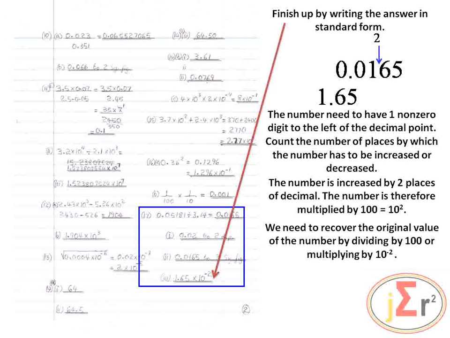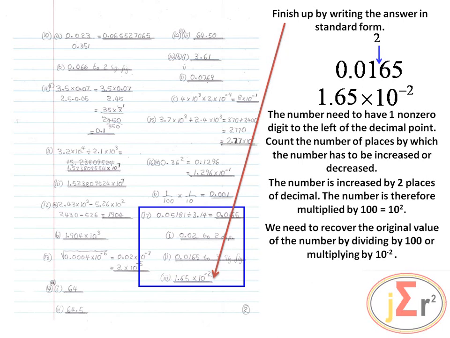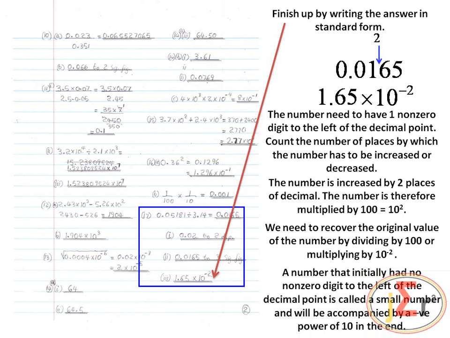So we divide by 10 to the power of 2, which is the same as multiplying by 10 to the power of negative 2. A number that initially had no non-zero digit to the left of the decimal point is called a small number and will be accompanied by a negative power of 10 in the end. So the sign of the power is playing a very important role here.